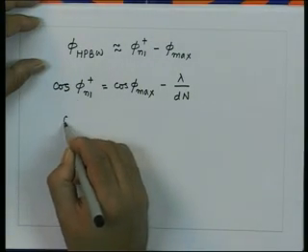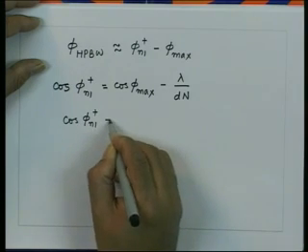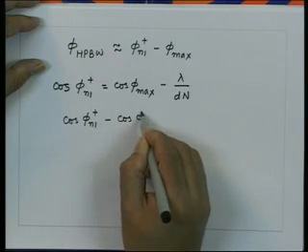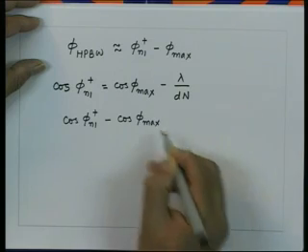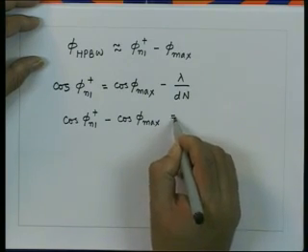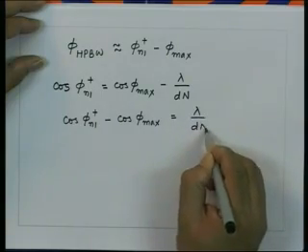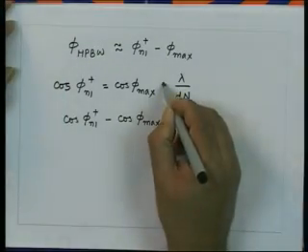So we can get from here cosine of phi n1 plus minus cosine of phi max, that is equal to lambda by dn. We can take this sign as positive.